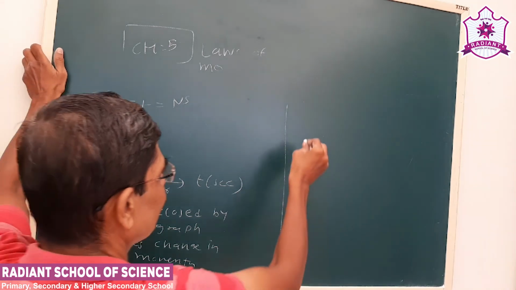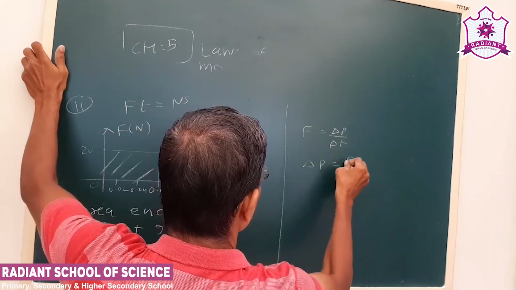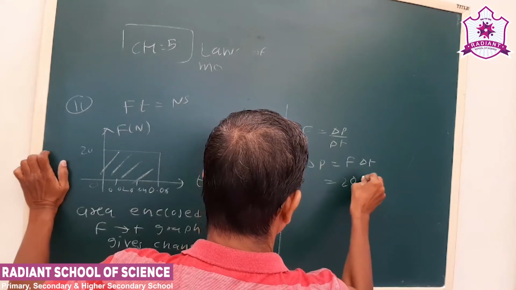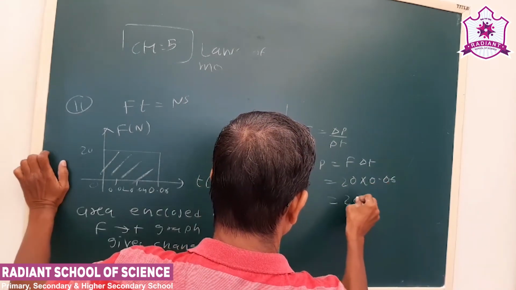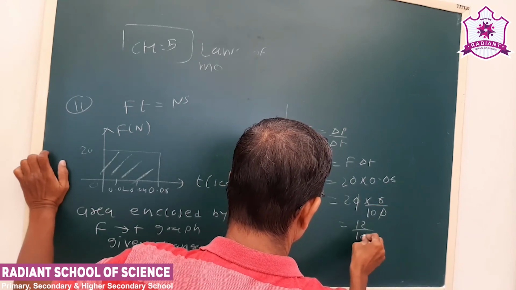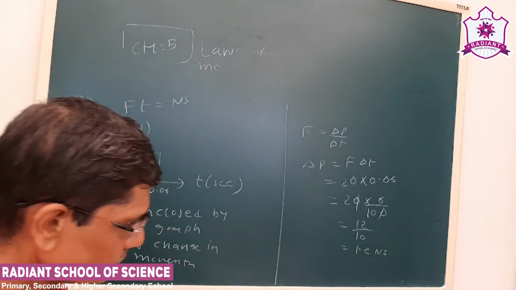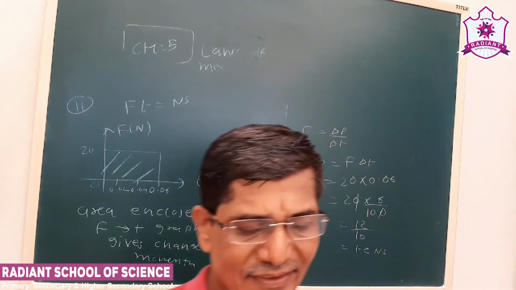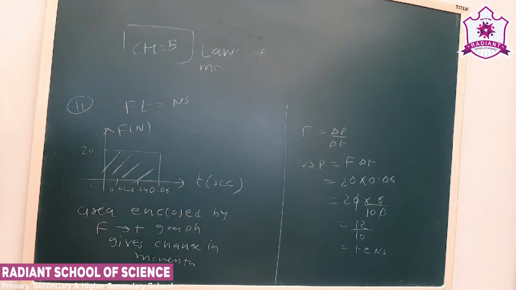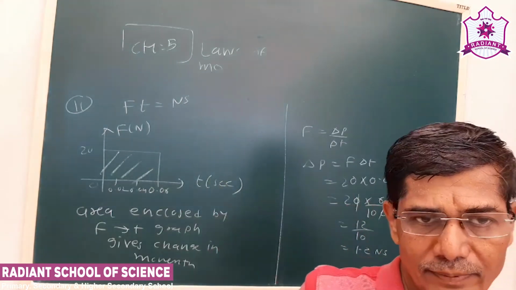We can easily recall F is equal to delta P by delta T. Here it is 20, so the change in momentum is 1.2 Newton second. This is how we can use the property that the area enclosed by the F versus T graph gives the change in momentum. We can have a number of MCQs like this.